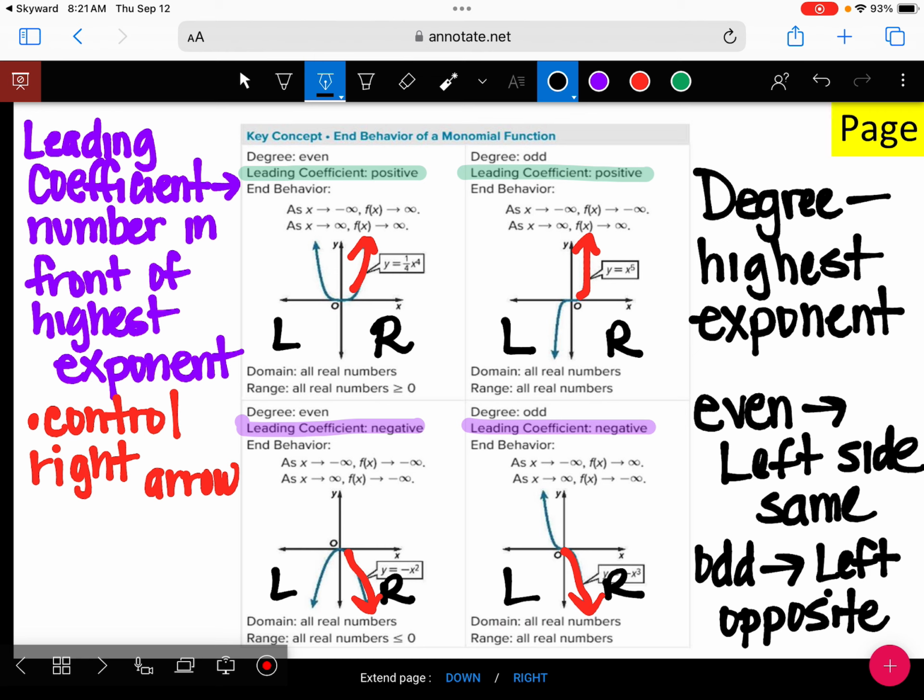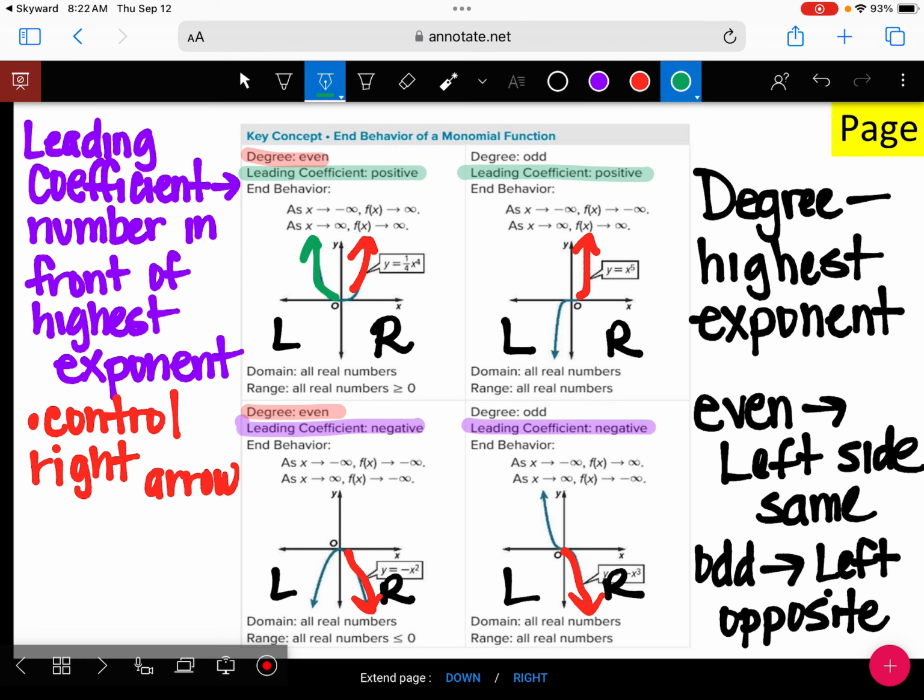Okay. Anybody need more time to copy that down? So what we're talking about, so we have our odds. So let's look at these 4 options again. So here we have it's even. So you see how these 2 are even? And notice that the left side did the same thing.